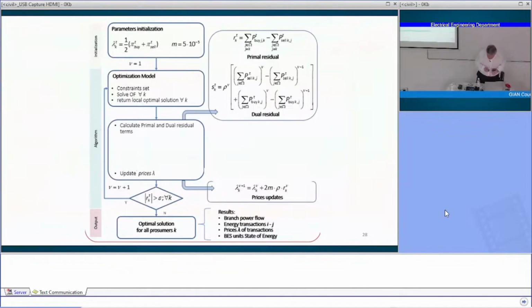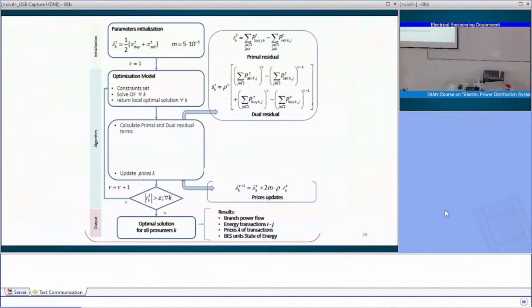We calculate the error. There is a coordination part: the results of the single optimizations are given to the central coordinator, and the central coordinator calculates the error between the power that is bought and the power that is sold in each transaction, and says, okay, there is a mismatch.